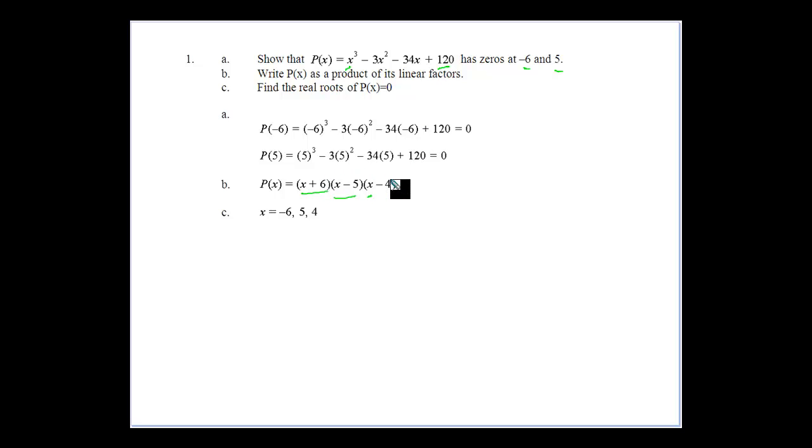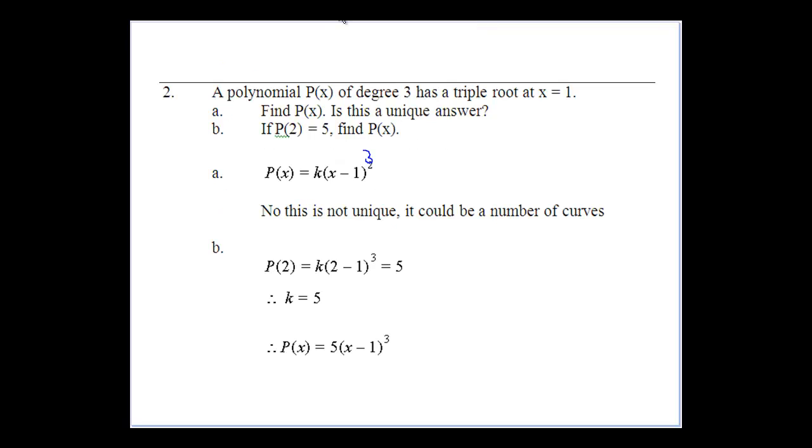Minus 30 times what would give us a positive 120? That would have to be minus 4, which means, what are the real roots of p of x, the polynomial there? Well, we were told 6 and 5, and 4 is the other one. So that's how we can work that one out, using that idea about roots being the values of x that make y equal 0.